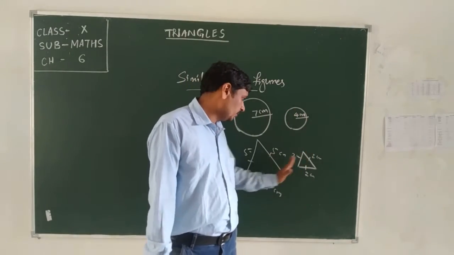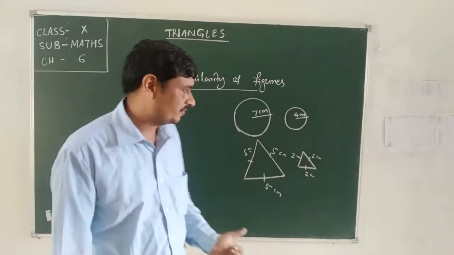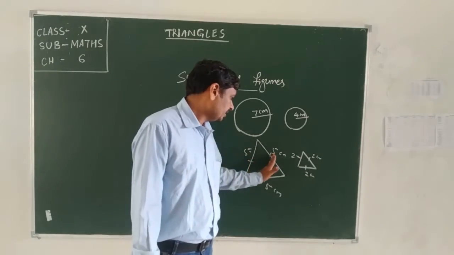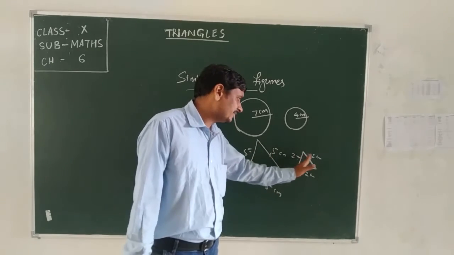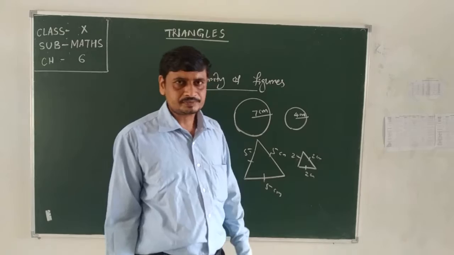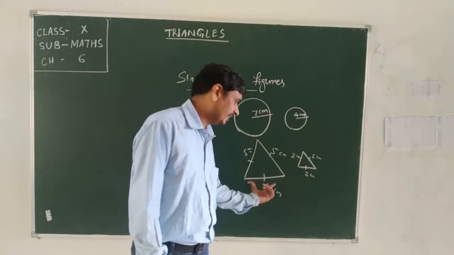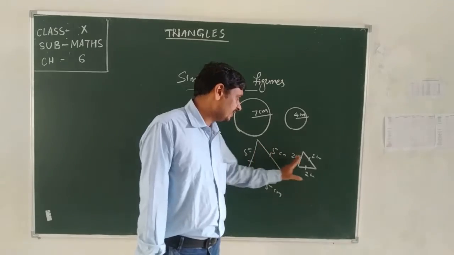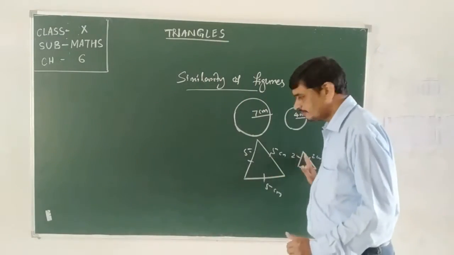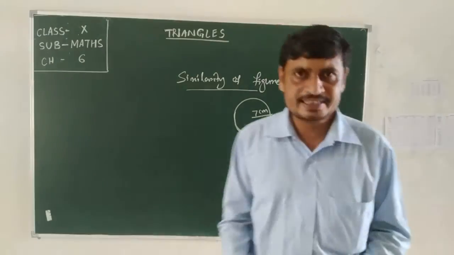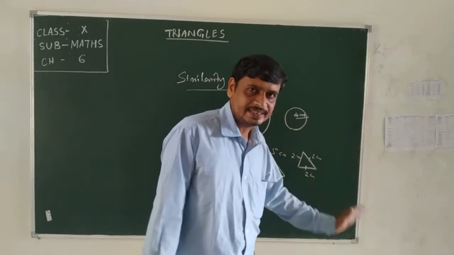Similarly, when we look at these two equilateral triangles, we can observe all the sides of this triangle are equal. Similarly, all the sides of this triangle are also equal. But when we compare these two triangles, the sides are 5 cm and 2 cm. Since both are equilateral triangles, the angles are 60 degrees in both the triangles.